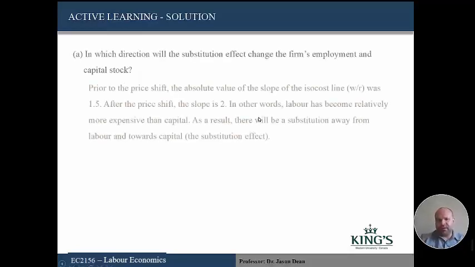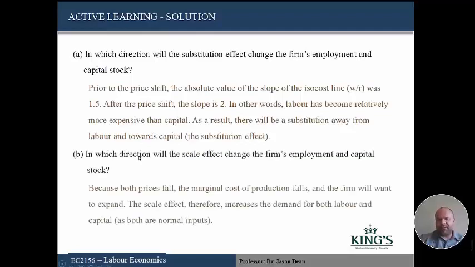So they've increased from 1.5 to 2. So labor has become relatively more expensive than capital. So holding constant the scale effect, we would expect the firm to want to substitute away from labor and towards capital. So here we have L falling, capital increasing.